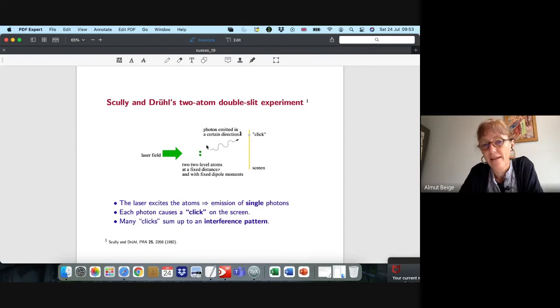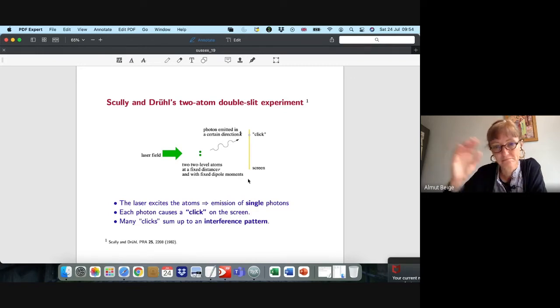If you think of an atom as something that emits single photons, then you might expect that the photons will just fly to a faraway screen, and if you have only one atom or one ion there, you just have photon emission onto the screen, and you will just see clicks equally at any angle.